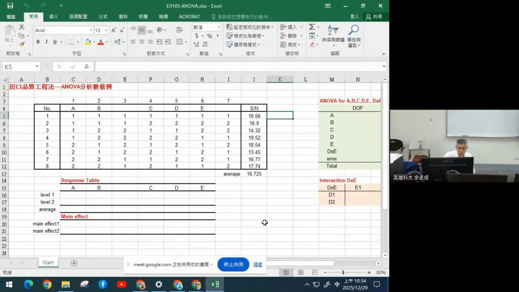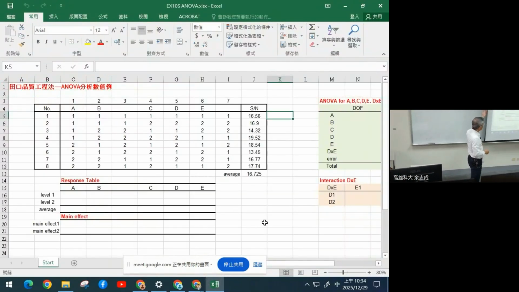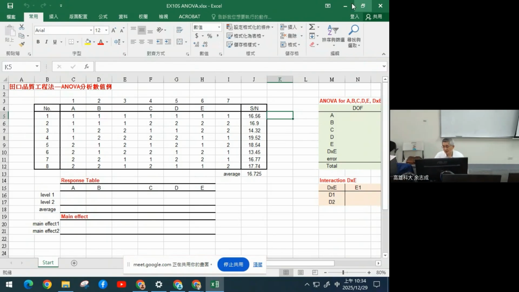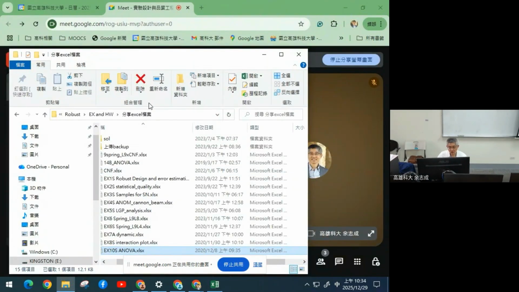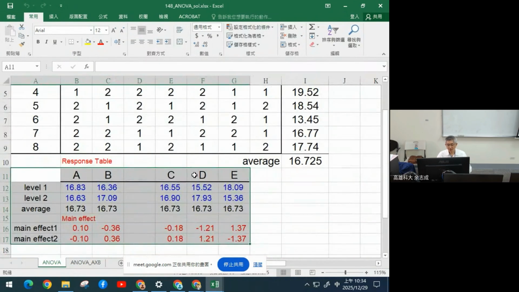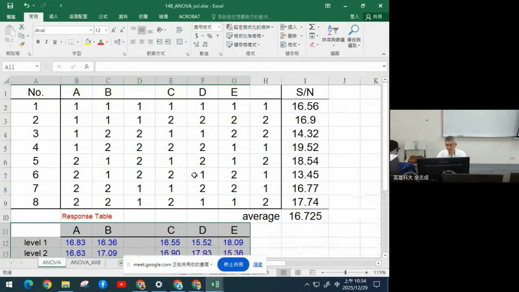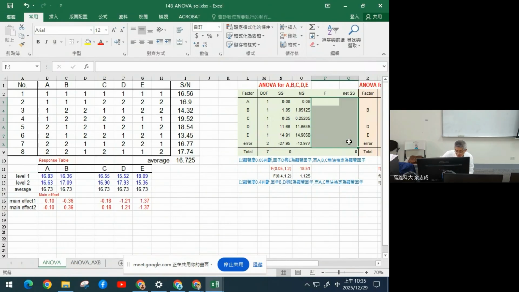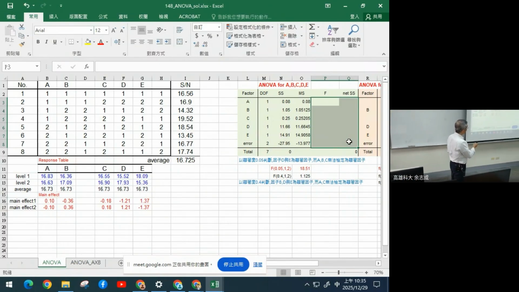Okay, last week we calculated this example, just like what we showed you before. And the result will look like this. Okay, this is the result we calculated last week. All right. So in last week, we only considered the main effects.